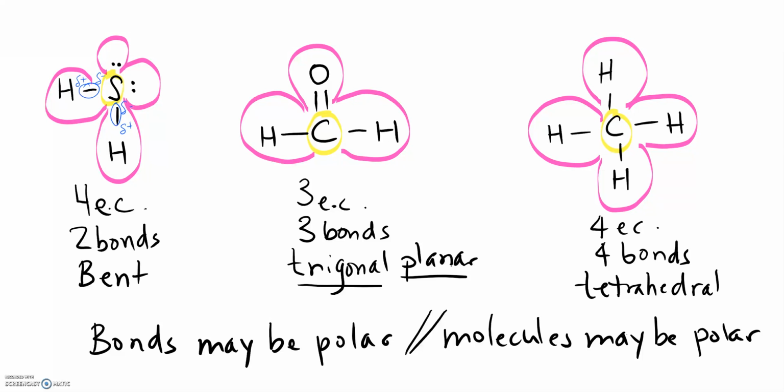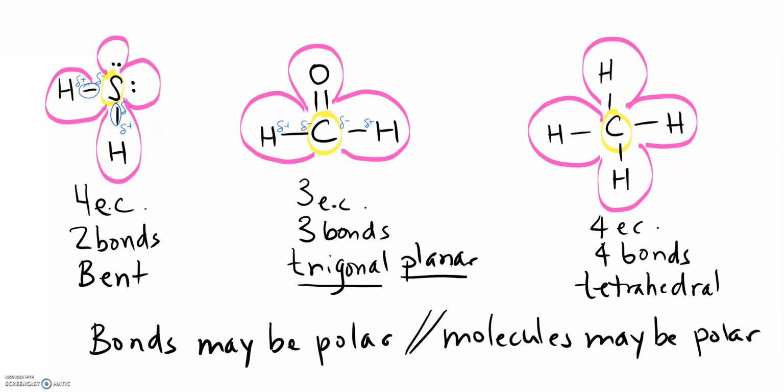Let's look at the next molecule. Carbon is slightly more electronegative than hydrogen, and so it would have a partial negative charge. The hydrogen would be partially positive. Same thing on this bond, partial negative for carbon because it is more electronegative than hydrogen, which would have a partial positive charge.